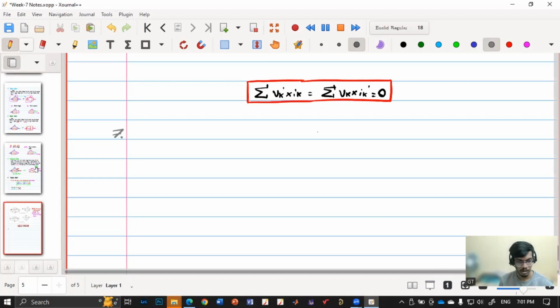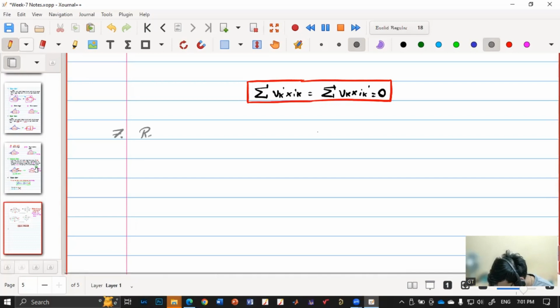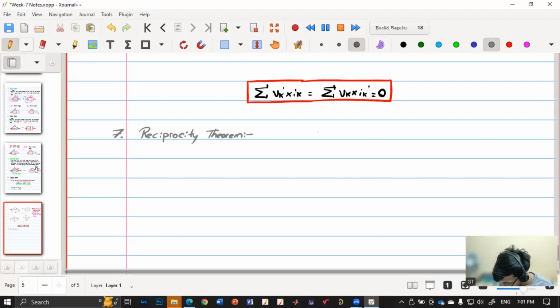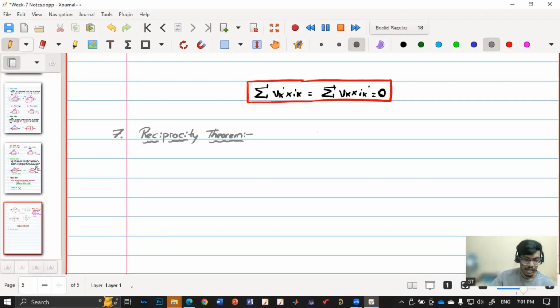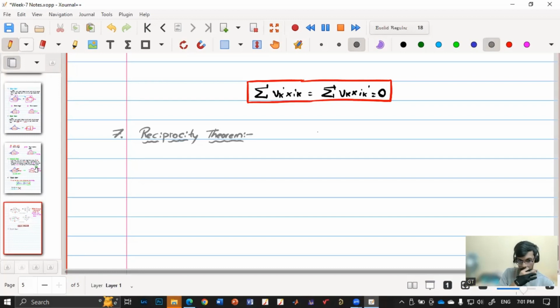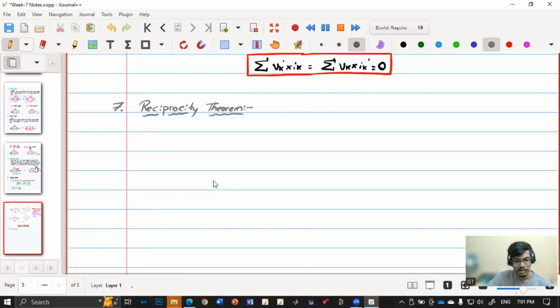Also, we'll be solving 2 to 3 problems today. Try to understand the theorems because these are very important, and you need to remember them. It will actually save our time while solving some complicated problems.